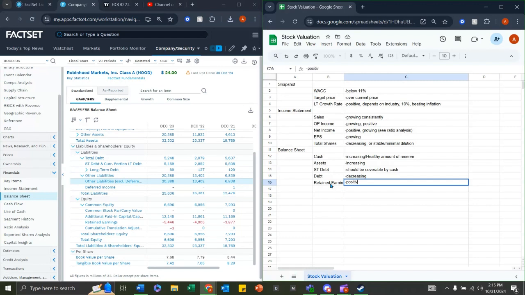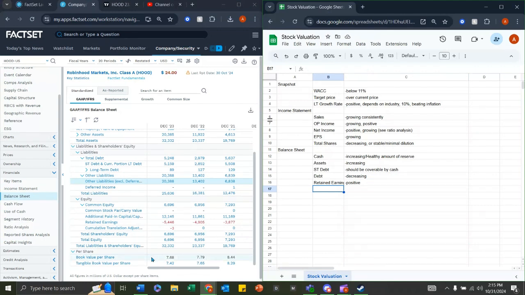But you do want to see a positive value. Growing retained earnings does not matter as much as it just being positive. It would be good, but it's not as important in my opinion.